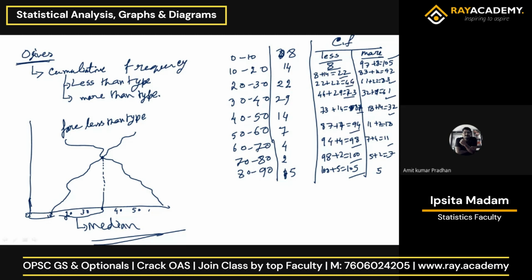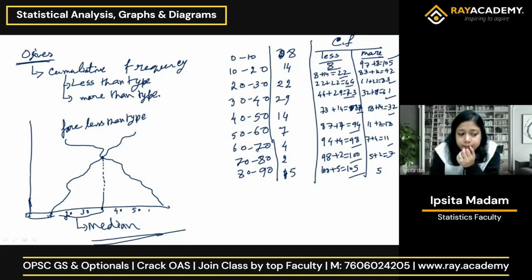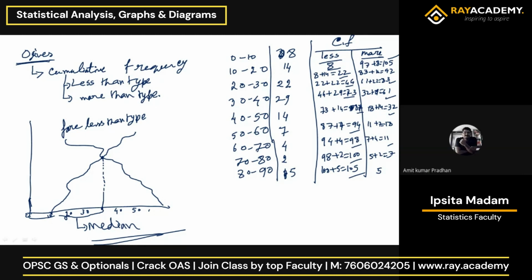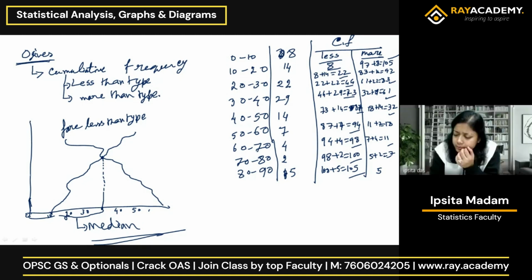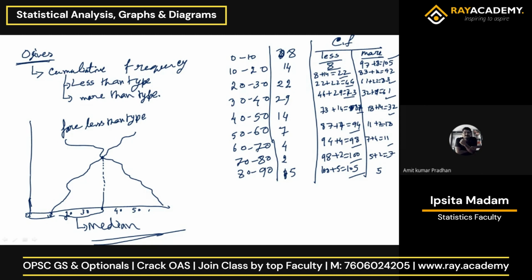Could we represent the midpoint of class on the x-axis? 0 to 10 midpoint is 5. So instead of writing 0 to 10 or 0 and 10 individually, why can't we represent the midpoint on the x-axis?